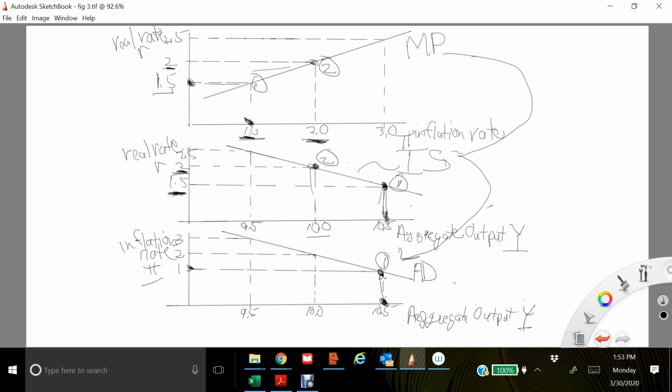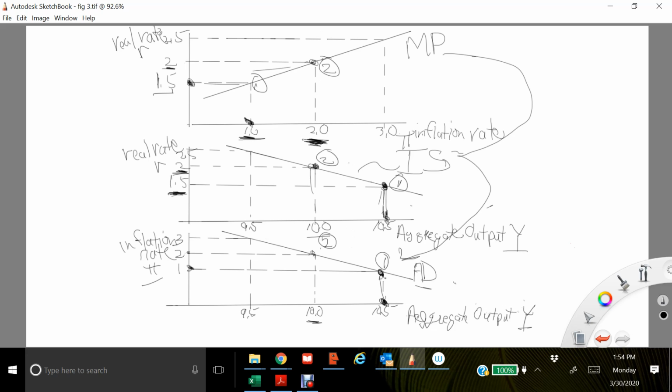Go down to your aggregate demand curve. Aggregate output of 10.0 is here. That's point 2. And we graph it at an inflation rate of 2 because we started out here with an inflation rate of 2.